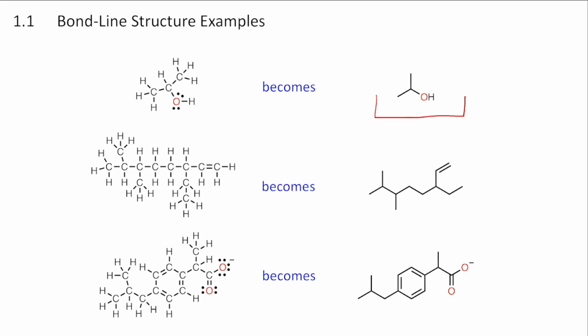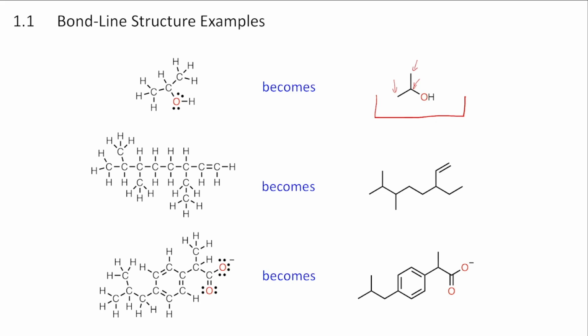So we just have these 3 lines here. The 3 carbons are indicated by the ends of the chain and by the kink where the center one is. We do draw the CO bond. We do draw the hydrogen that's attached to the oxygen, but not the HO bond. And that's the simplified structure.